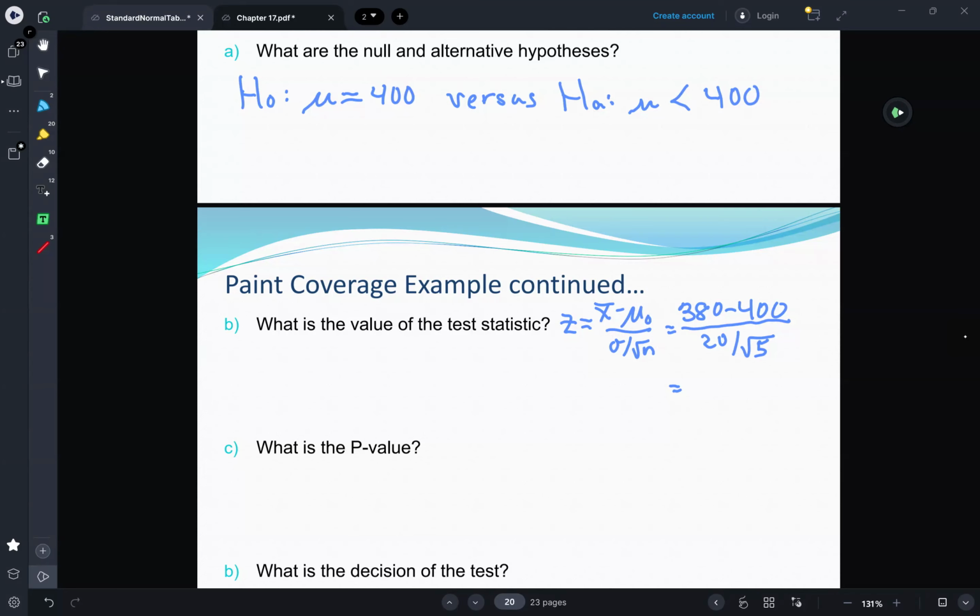Anybody have a number? What is the value? This could be a question too. Any step here could be a question. So what's the value of the test statistic?